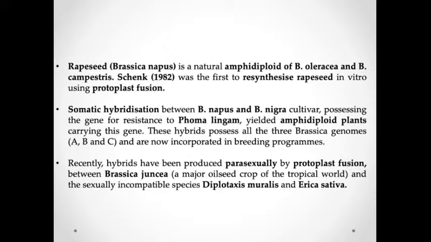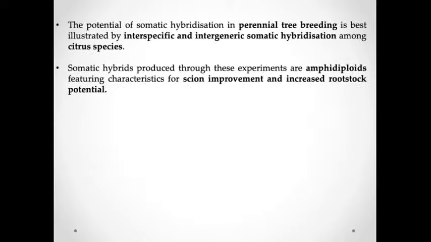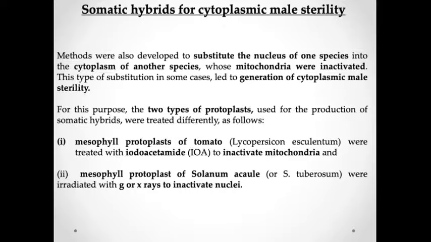Also, rapeseed is one of the examples, Brassica napus, Brassica nigra, and Brassica juncea are all hybrid examples. They had quite an improvement and increased rootstock potential. Somatic hybrids for cytoplasmic male sterility were developed to substitute the nucleus of one species into the cytoplasm of another species whose mitochondria were inactivated.